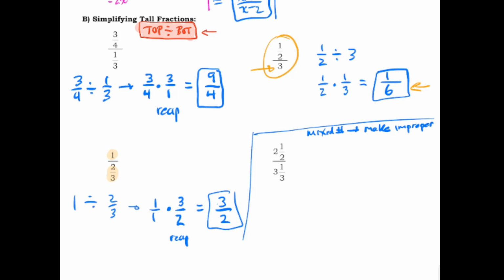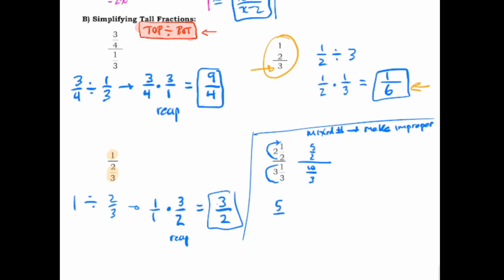Make them improper first. So remember how that little swing moves? 2 times 2 is 4 plus 1 is 5. So this ends up being 5/2 on the top. And then the bottom, 3 times 3 is 9 plus 1 is 10. So this ends up being a 10/3 on the bottom. Okay, make them improper first.